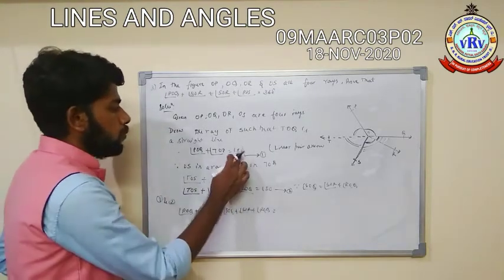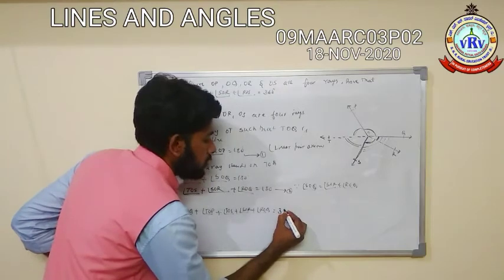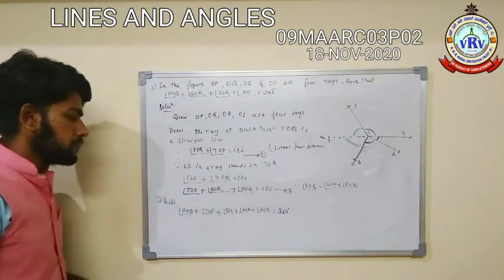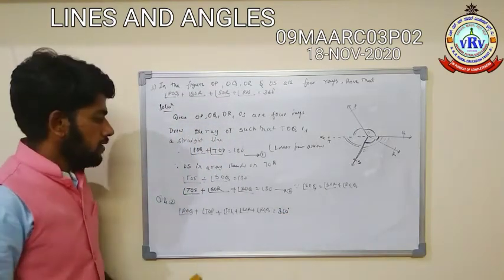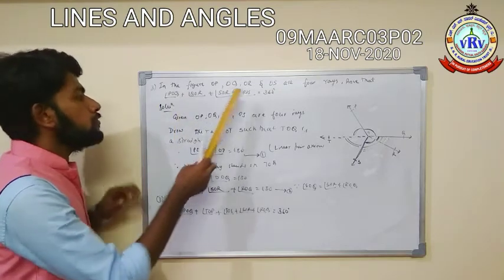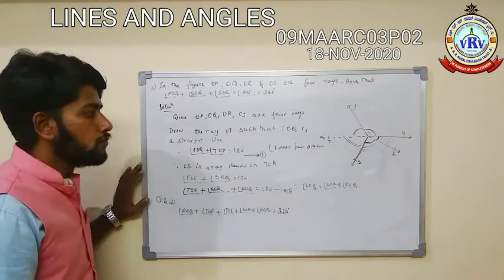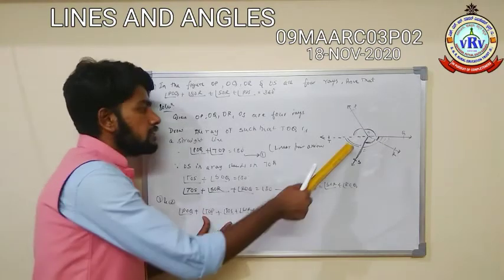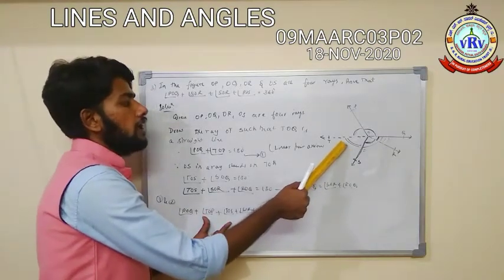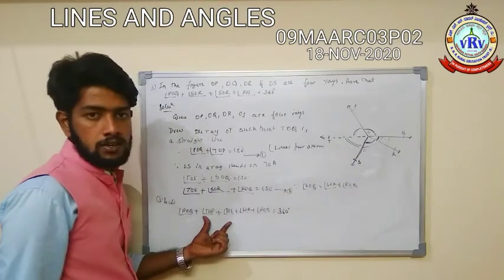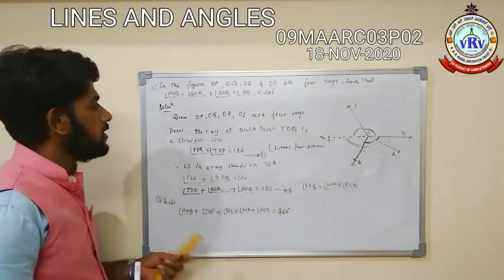It's equal to 180 plus 180, it's equal to 360 degrees. Clear? Now here there should be only 4 angles, but we are getting 5 angles, right? Why? Because we have taken the imaginary ray OT for our calculation, right?